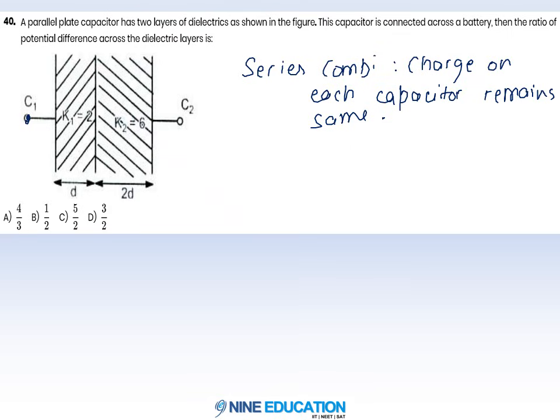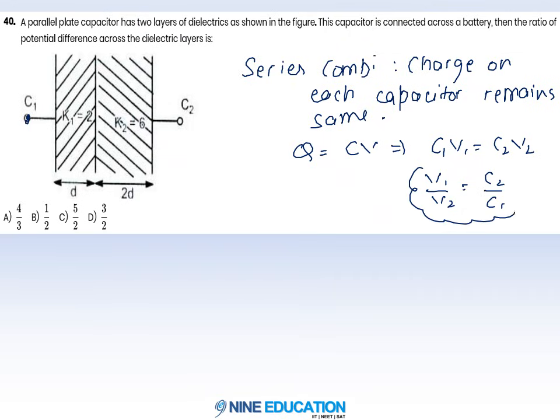Okay, so Q is equal to CV. So from here we can write C1 V1 is equal to C2 V2. So V1 upon V2 is C2 upon C1.